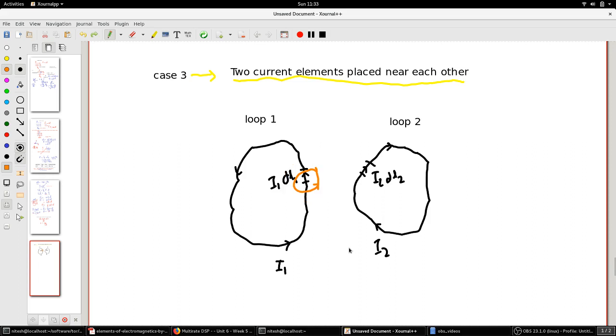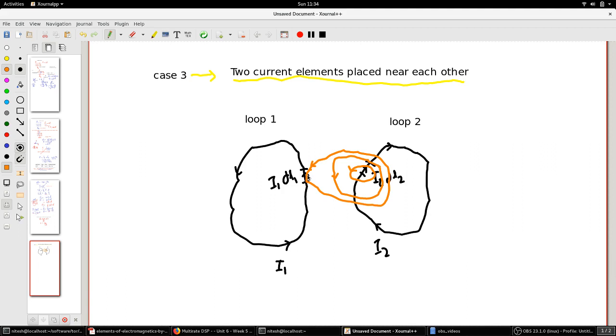So it's going to be something like this. Okay, the magnetic field generated by dl2, if I use the right hand rule, is going to be this way, right? So it's going to come out like this. So think about this, it reaches here, so it's going to create a magnetic field in this direction, right?